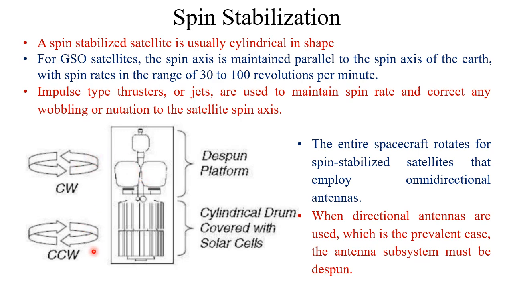So if the body is rotating in the counterclockwise direction, that particular platform on which the antenna is placed should be rotated in the clockwise direction with the same angular velocity. That is what we call the despun. Okay, so under that condition, the antenna will maintain its orientation in a particular direction.